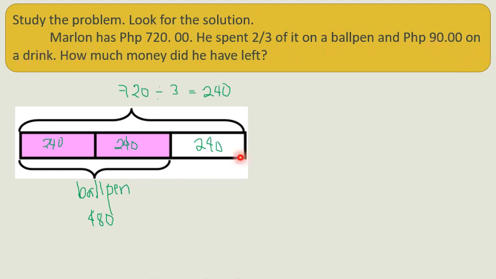So, dito sa 240 na natitira, babawasan pa natin siya ng 90. So, kaya, ang matitira po dito ay, ilan kaya? So, matitira dito ay 150. Okay, so ito po yung natira sa kanyang pera.